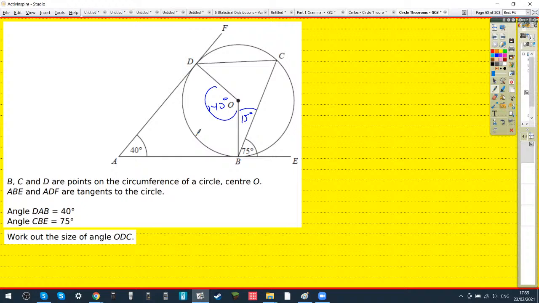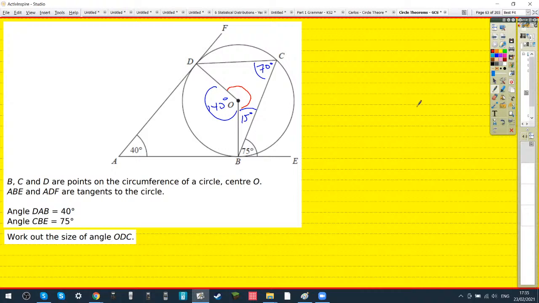I think you can get C. Okay. Oh, so half of 140 is 70. So C is 70 degrees. Yeah. And we can get the one on the other side of the 140.